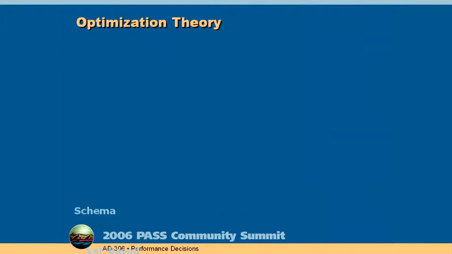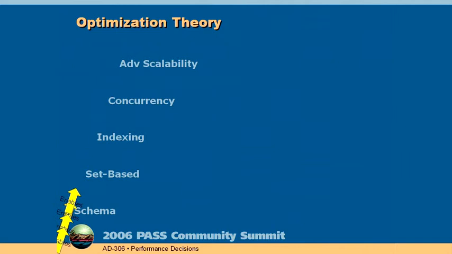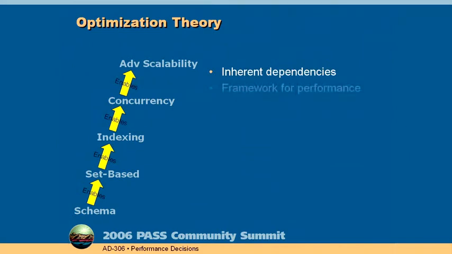So here's the big umbrella idea of optimization theory, and that is that inside the database, there are inherent dependencies between the schema, set-based code, indexing, concurrency, and then advanced scalability. And the best way to optimize your database is to take advantage of these dependencies so that you really enable the layer you're wanting to work at.